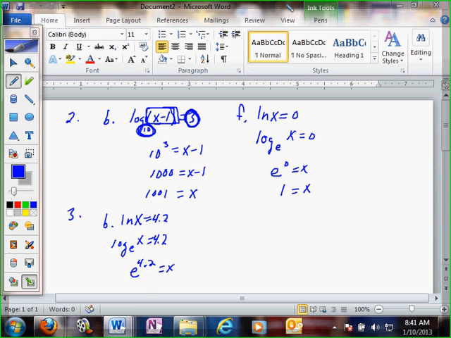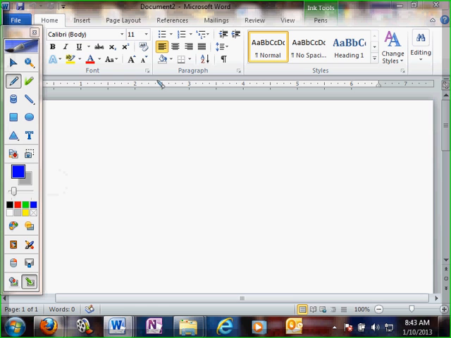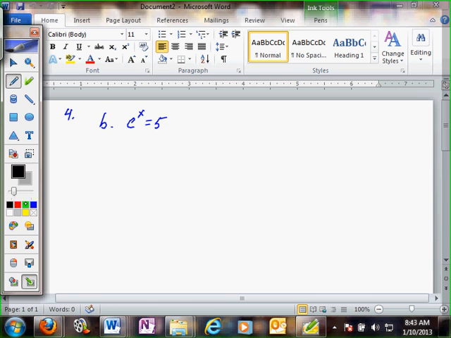Let's look at part 4. We're going to convert to a logarithmic expression. So if I have part B, e to the x is equal to 5. Here's what you have to remember, and you should have this in your note card notebook somewhere.